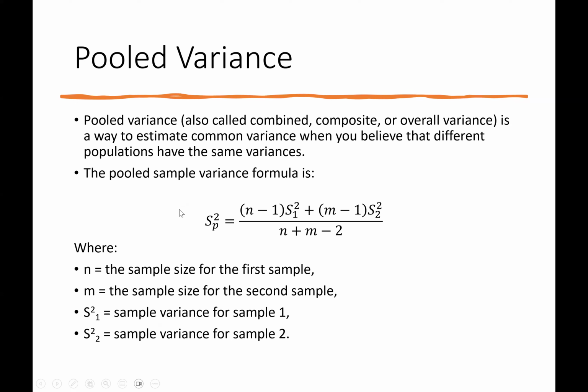But if you do, the pooled variance, which is the standard deviation squared, that's what variance is. You can see the formula there, where N and M are the sample sizes for the two samples, and S sub 1 and S sub 2 are the standard deviations for the two samples.